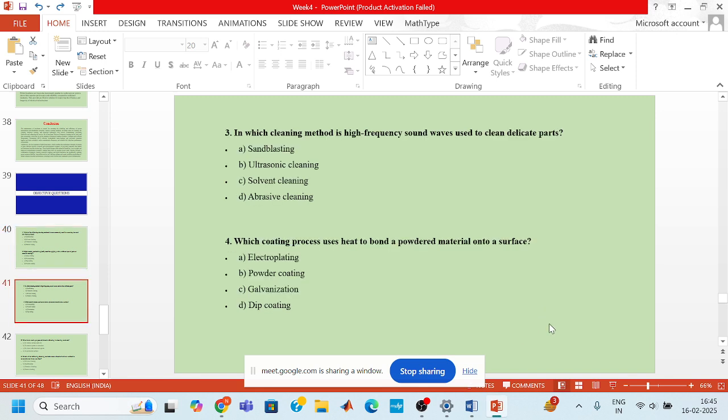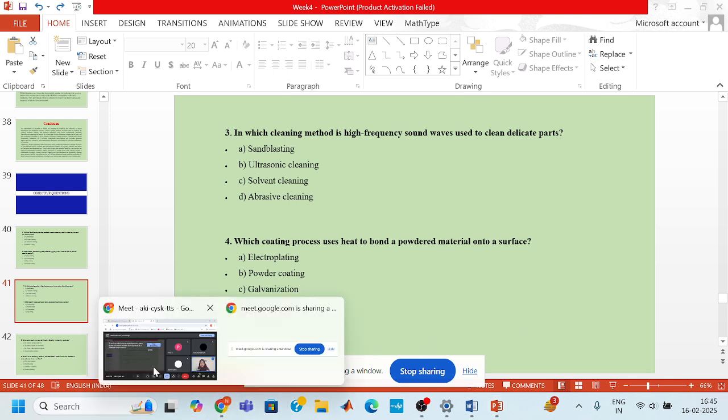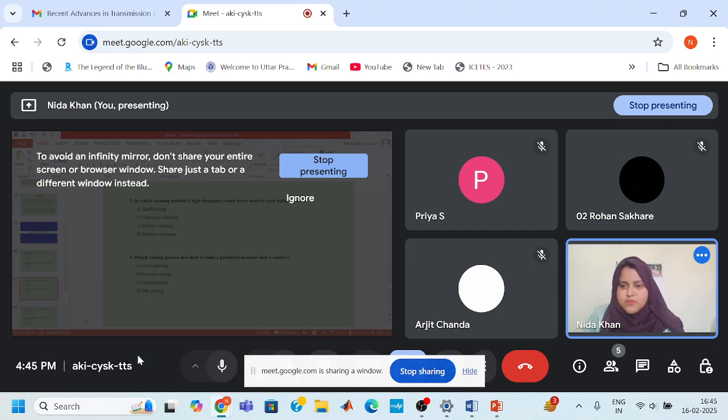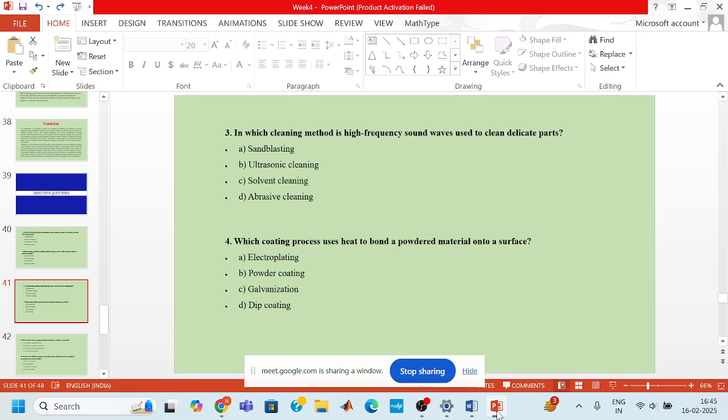Now the next question is in which cleaning method are high frequency sound waves used to clean delicate parts? Options are sandblasting, ultrasonic cleaning, solvent cleaning, abrasive cleaning. Ultrasonic. Anyone else?